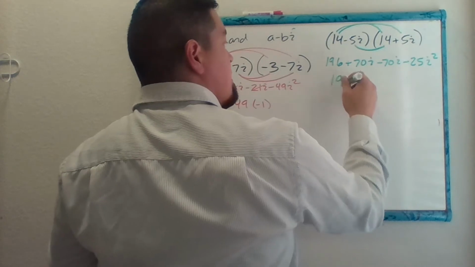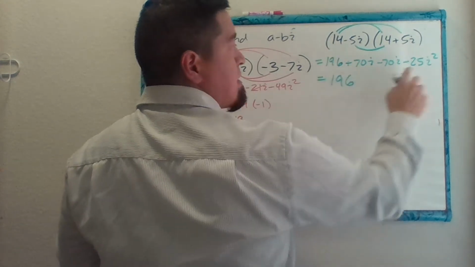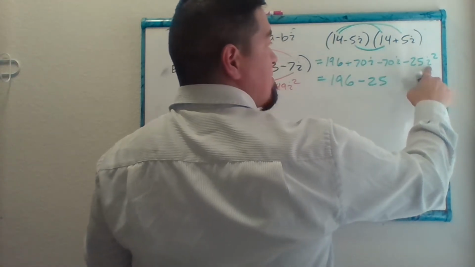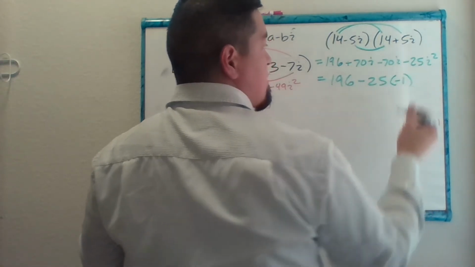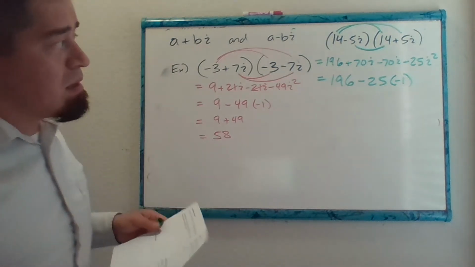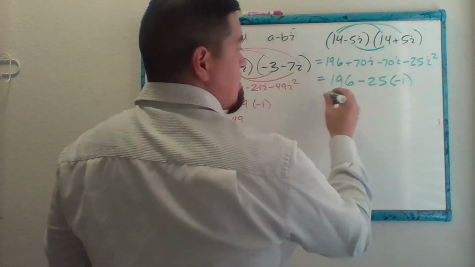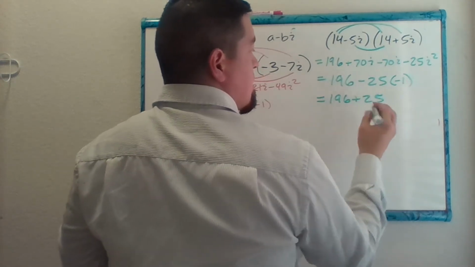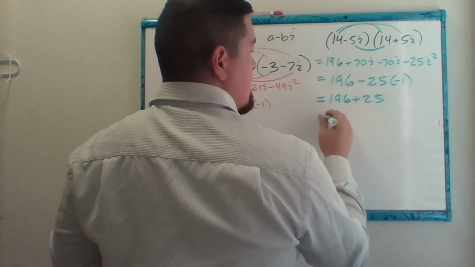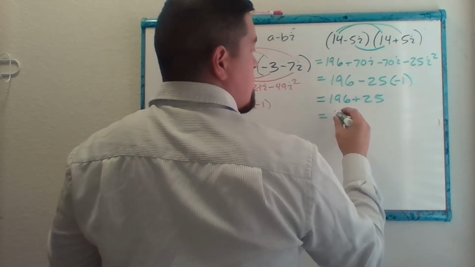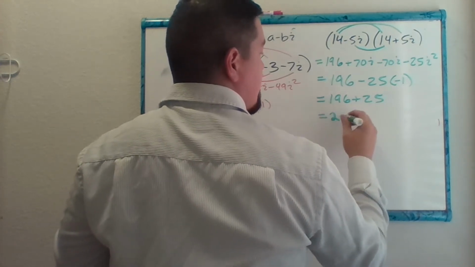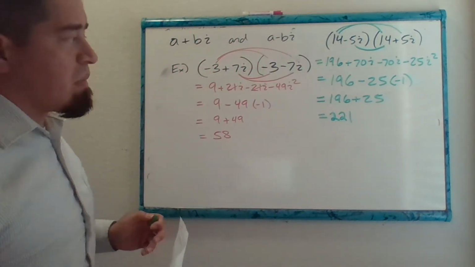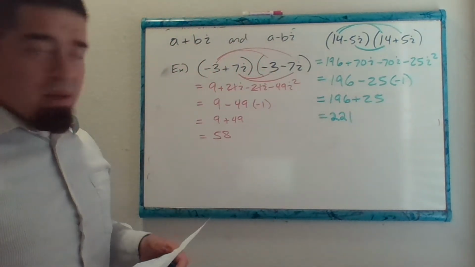So I end up with 196 minus 25 times, that's right, negative 1. Which ends up being plus, and then this would end up being 221. And so that would be my final answer there.